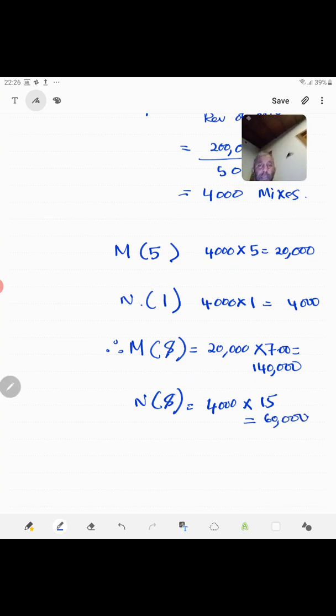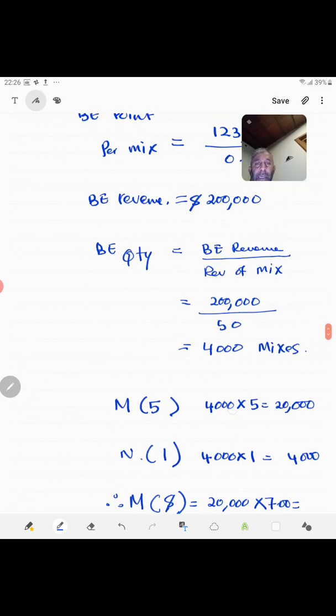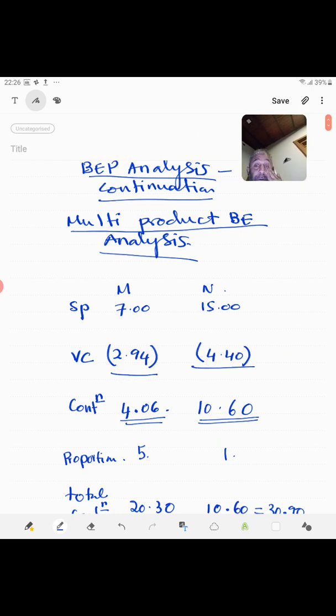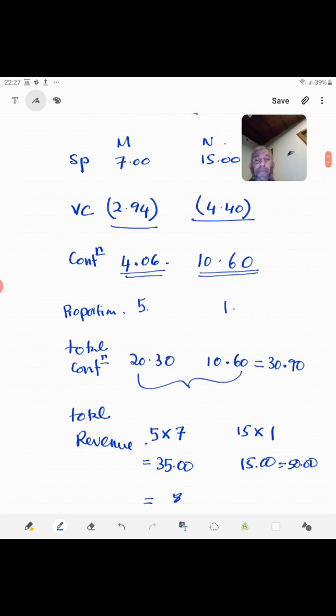So this gives a clear picture of this example. Just to recap, I have given a situation where a company produces two products, M and N. The selling price and variable cost of these two products have been given, and how many units of M and N are in a single mix is also given.